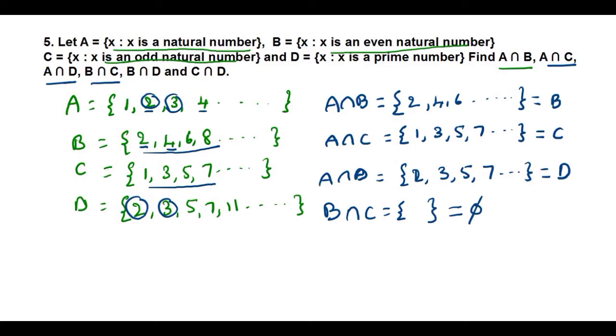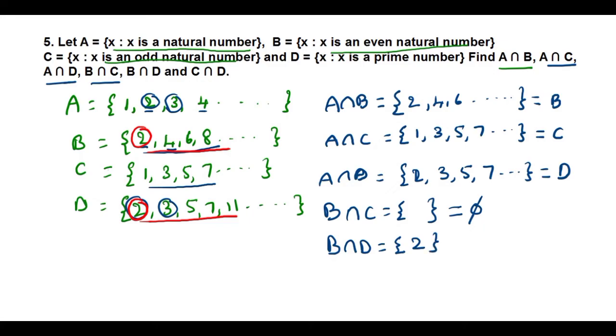And next one, B intersection D. B is even natural numbers, D is prime numbers. What is the common element in both? That is only 2, correct? So we write even prime. This is called even prime.